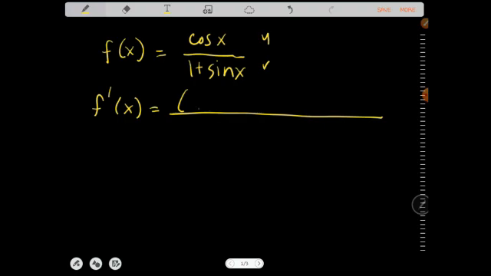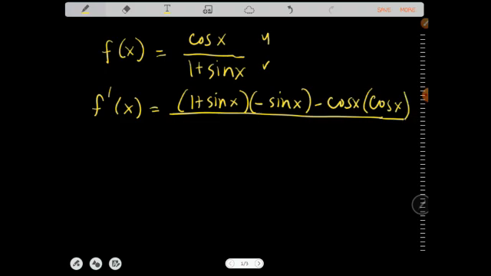So, that is equals to 1 plus sine of x times, we want to just do it directly, no? Our derivative of cosine of x is equals to negative sine of x, minus cosine of x. Then the derivative of our denominator is equals to cosine of x. Okay, over 1 plus sine of x squared.